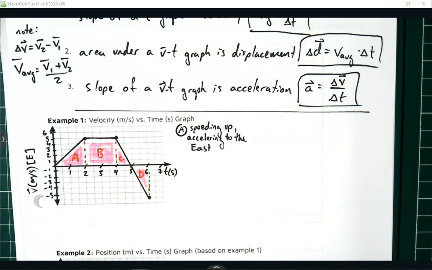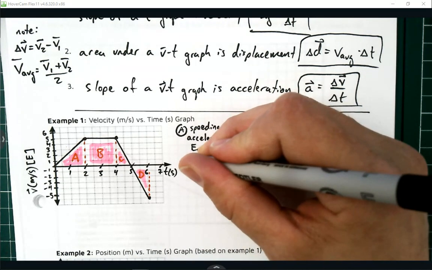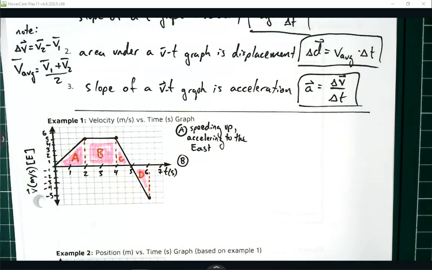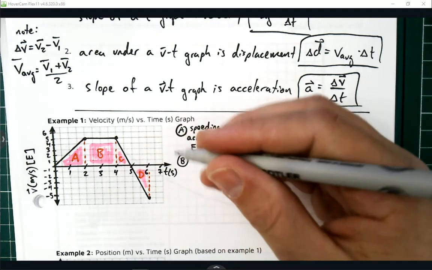Speeding up, accelerating to the east. I'm trying to put some words on this graph because really graphs are a way of telling a story. And so we should be able to, again, translate back into English to tell the story, the narrative of what's going on here, right? Like, I don't know what this is. Maybe it's a car. This car is accelerating as it travels east.